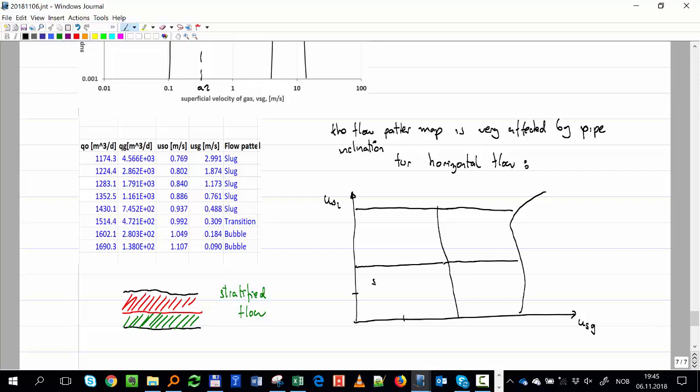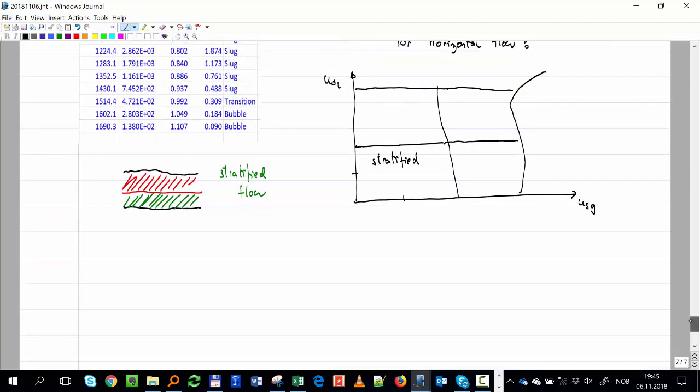And that's here, stratified. What happens if now you increase the amount of liquid? A little bit of gas, but you increase the amount of liquid. The liquid starts to entrain the gas to get the gas in the core.